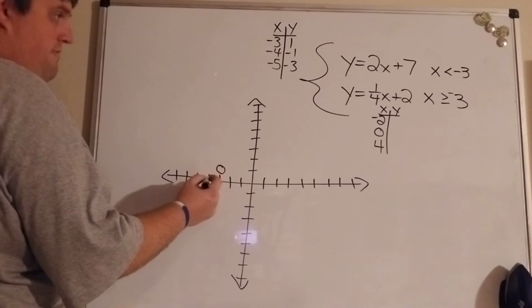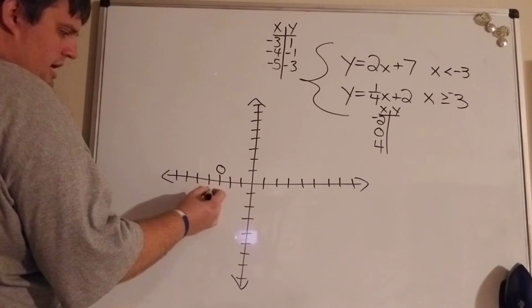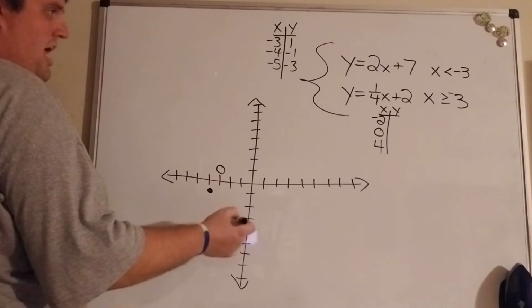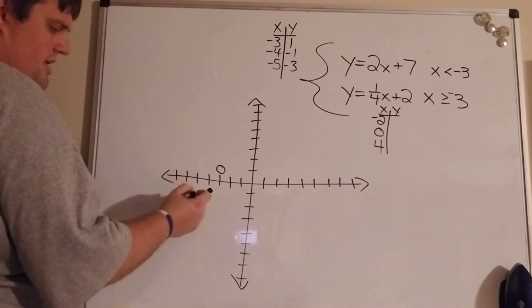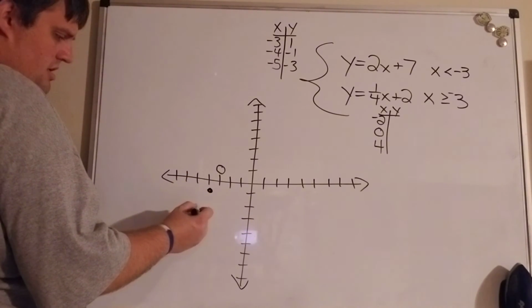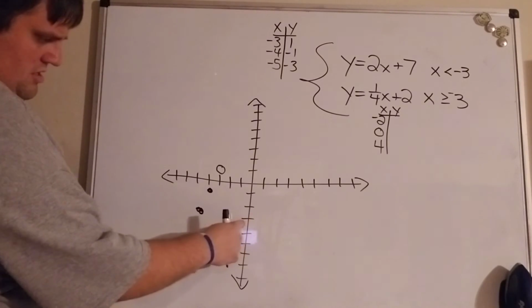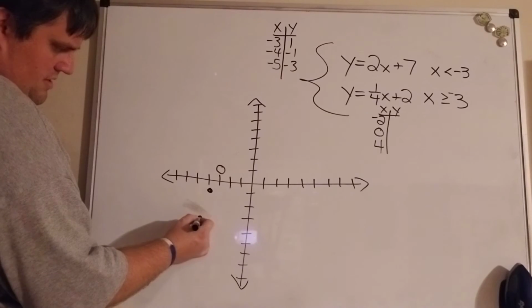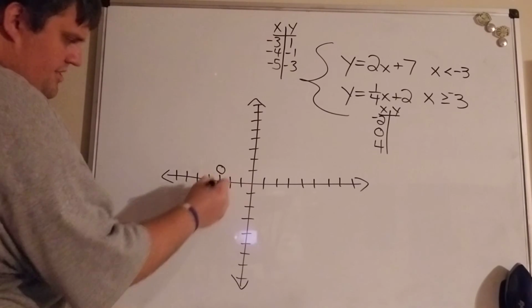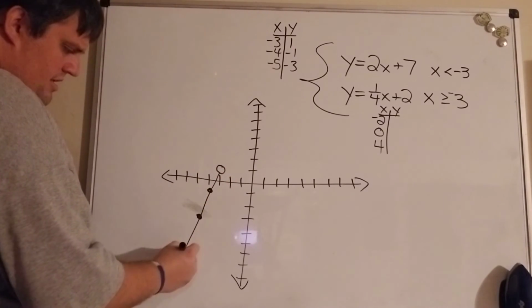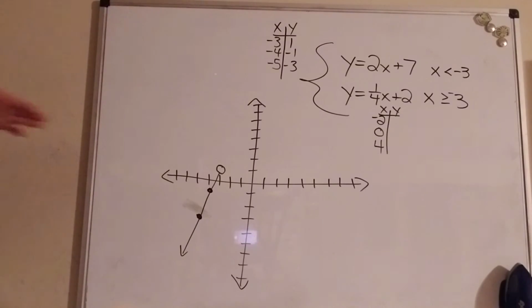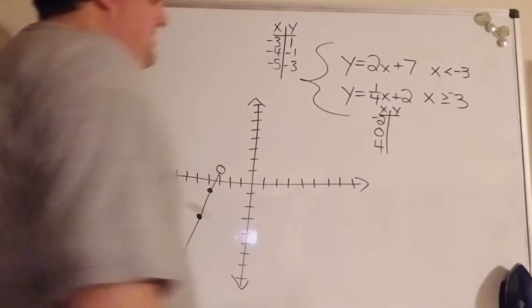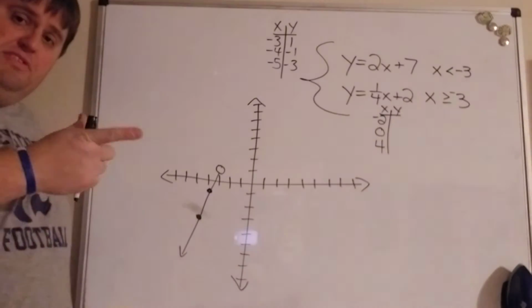I have -4, -1. And I'm going to have -5, -3, a little bit lower. All right, so this line right here is a piece of the graph. That's for this domain, x is less than -3. Just a little piece of it.